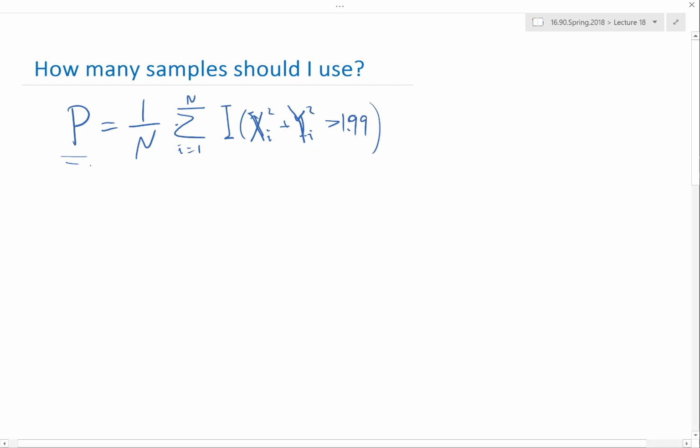Right? Okay, so now let's figure out the statistical property of this P. So first of all, what is the mean of P? And mathematically we use the capital E to denote the expectation or the mean of that random variable. So the expectation has a very nice property that the expectation is linear. Do we all remember what linear means?